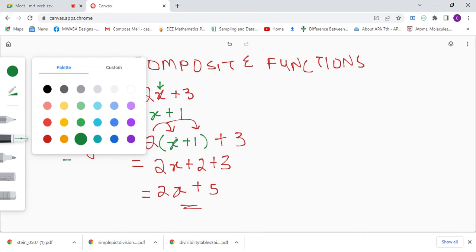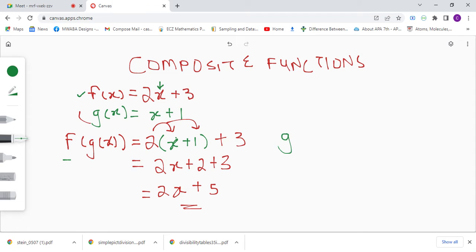What if they told us to write the g f of x? What this is basically telling us is that in our g function, our x variable, we're going to replace it with the f function. So remember, g of x equals x plus 1. So this x, we're going to replace it with the f function.